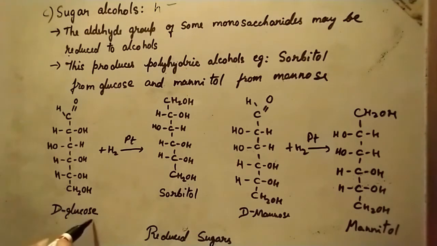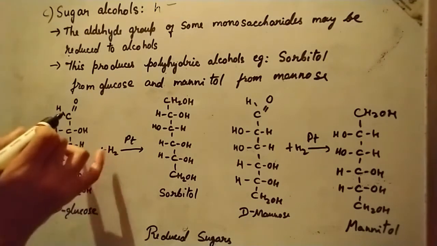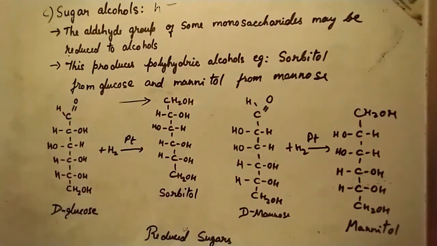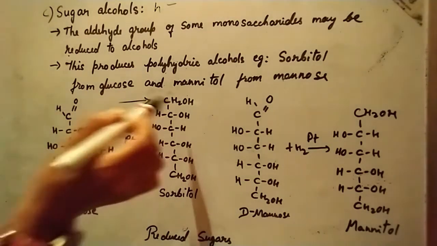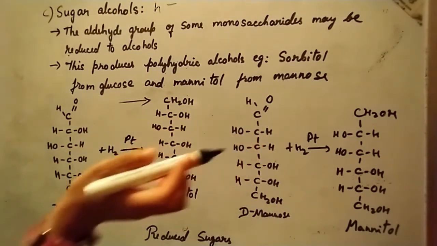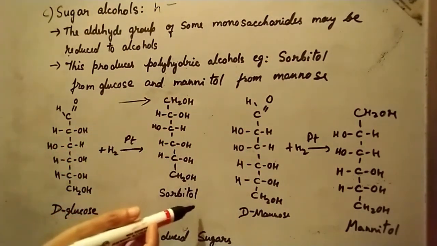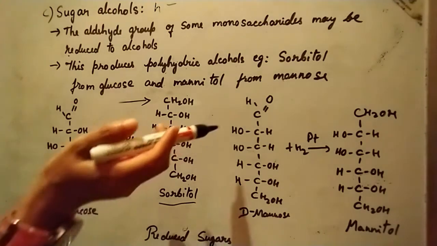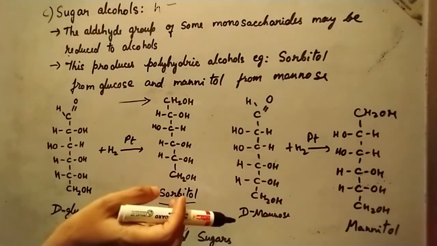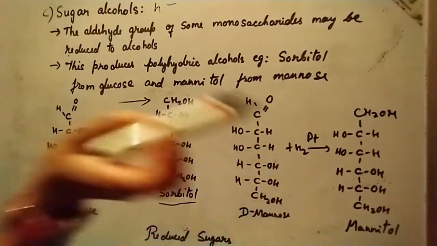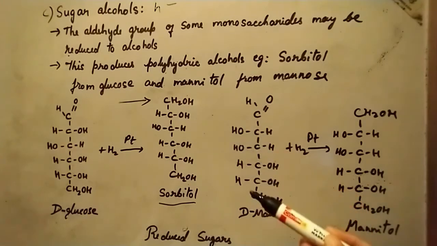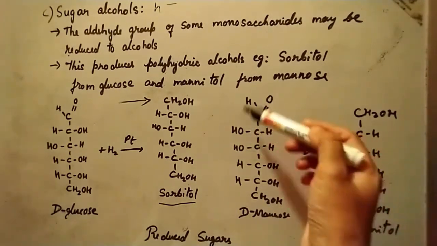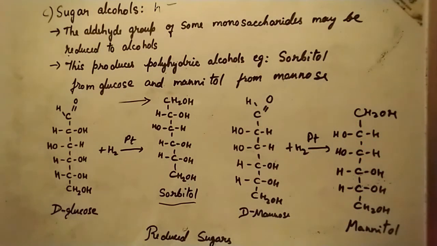So you can see an example here in the case of glucose, where this aldehyde group gets reduced to alcohol, and the product formed is referred to as sorbitol. Okay, this is one example, and the second example of a sugar alcohol is mannitol, which we obtain from D-mannose, from the reduction of the aldehyde group here of the mannose sugar.